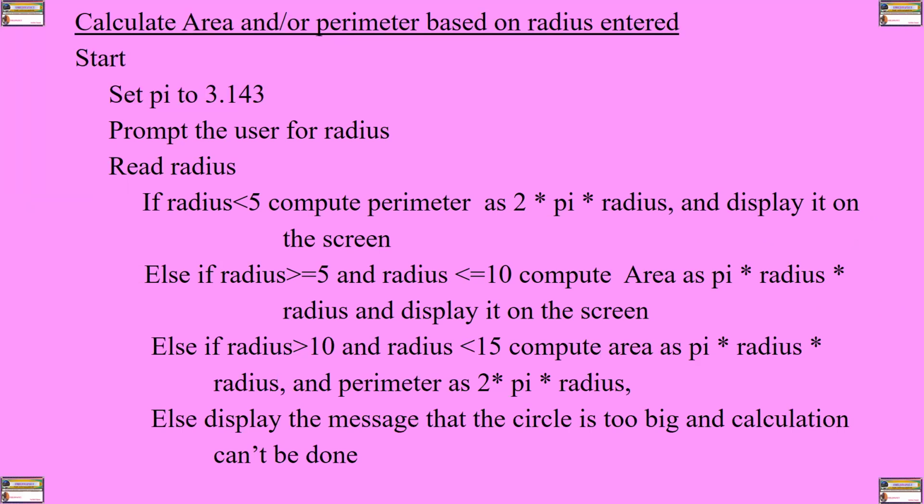Otherwise, if neither of those conditions is met, take the last action. Display the message that the circle is too big and the calculation cannot be done, and stop the program. So that is our pseudocode.